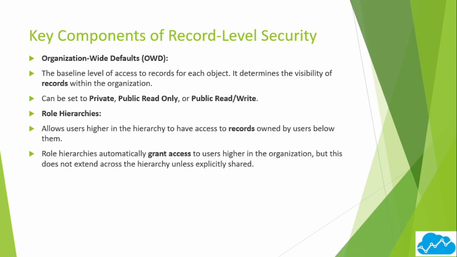It determines the visibility of records within the organization. So if we are working for a particular organization, OWD is going to give the baseline level of access for the records.